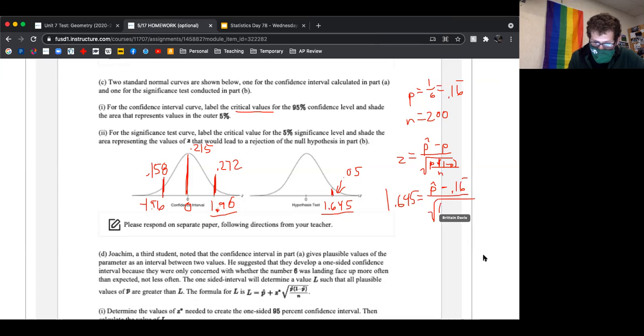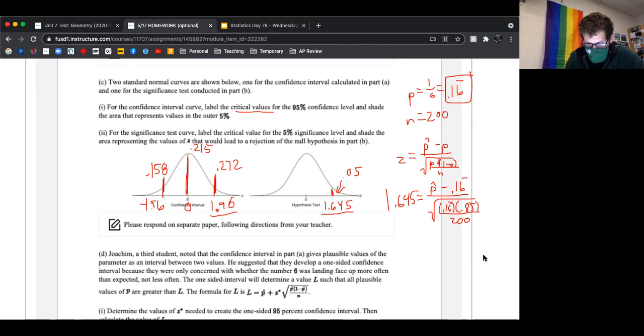So now I'm going to have 0.16 substituted in here, 0.83 repeating, all over 200. Wait, didn't they tell us what p hat was? Well, we ended up with a p hat of 0.215, but this is something that's easy to forget: when you're doing the one sample z-test for population proportion, use the hypothesized proportion in the test. Don't use p hat.